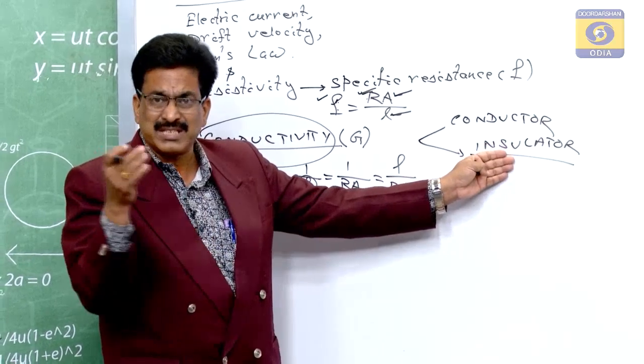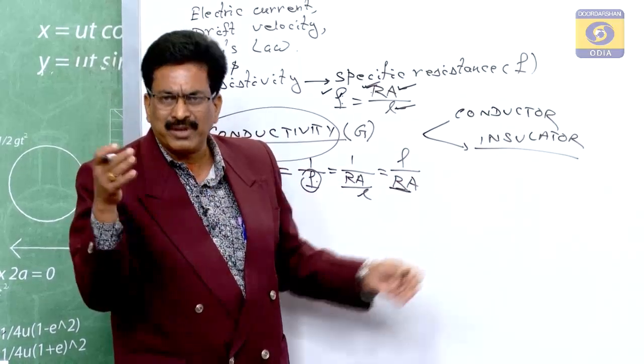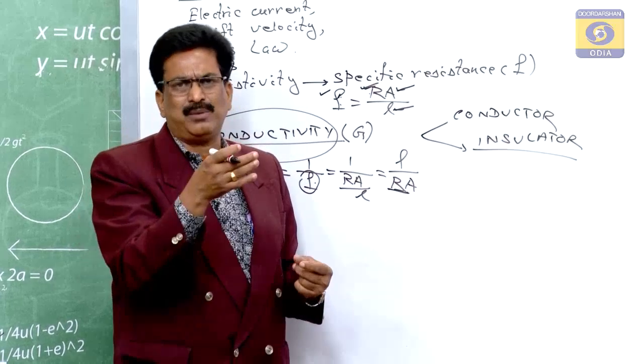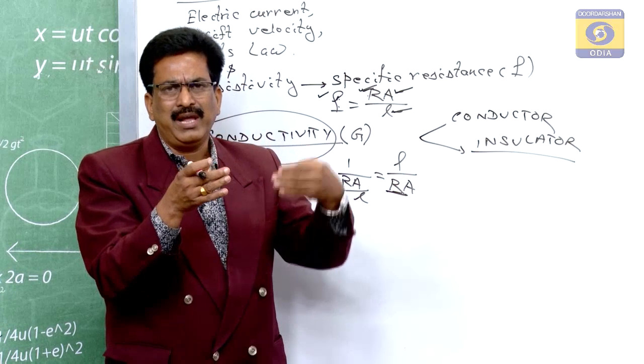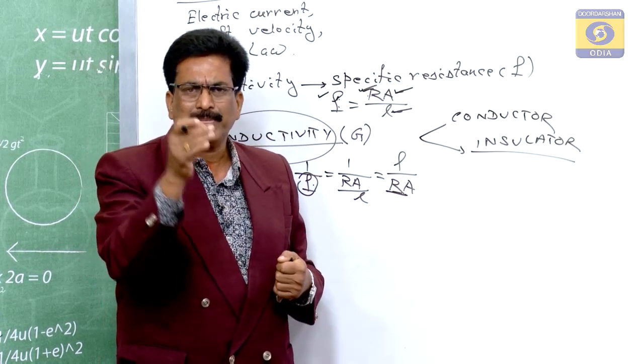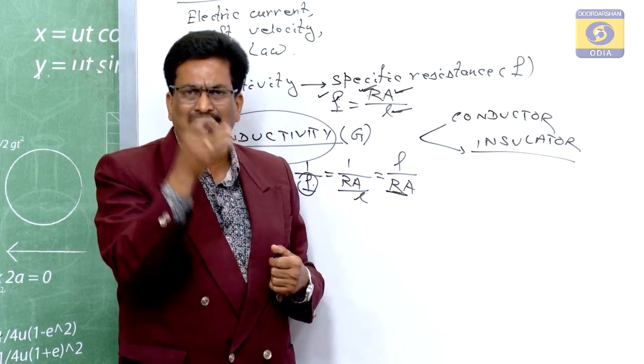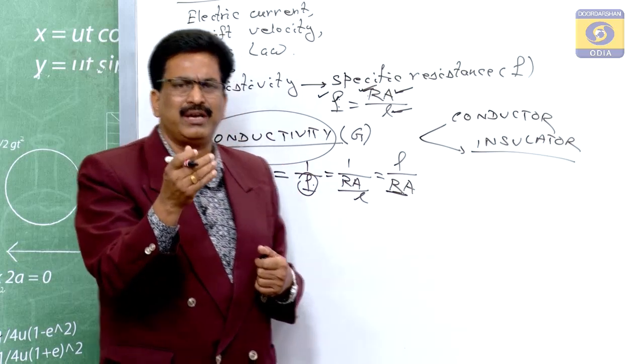If the resistivity is more, that is, if the resistance is more, its opposition is more. If the opposition is more, the thing which is to enter will gradually decrease in magnitude.